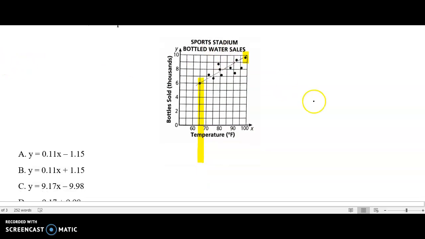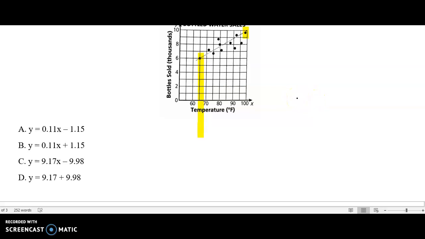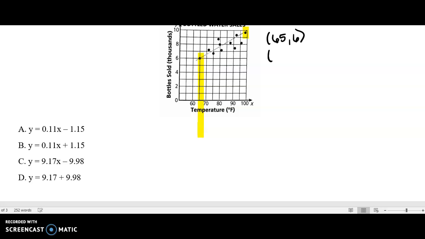And so I'm going to find the slope of this using those 2 points. One of them was 6, 5.6, and the other was 9.9. Okay, we're going to approximate it the best we can.